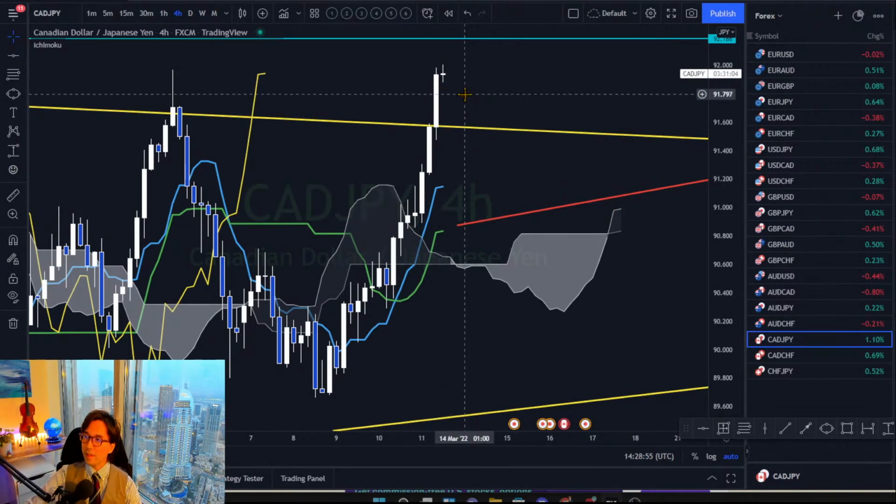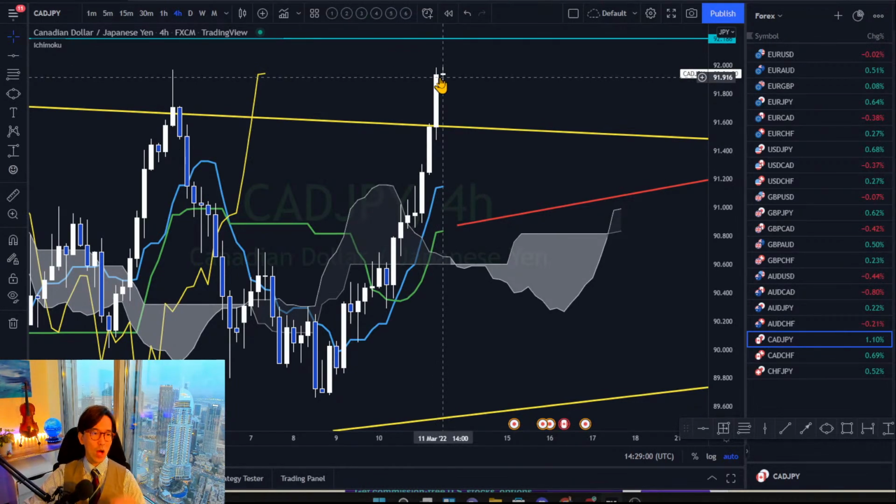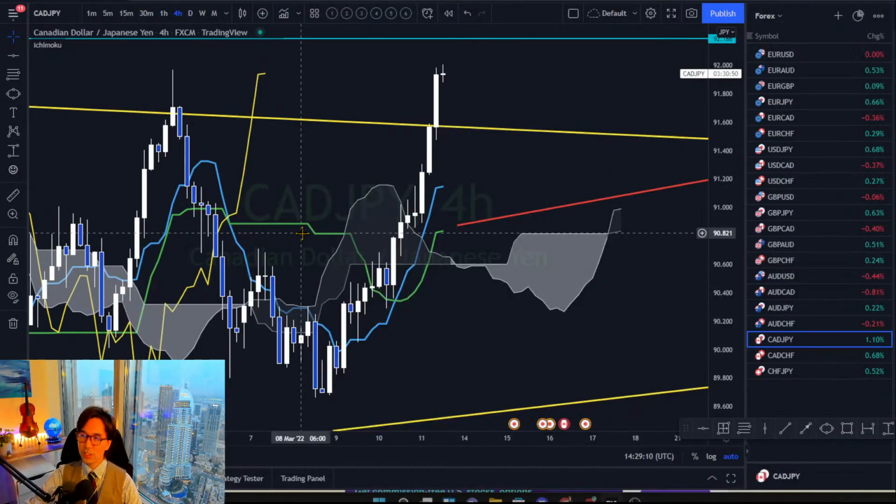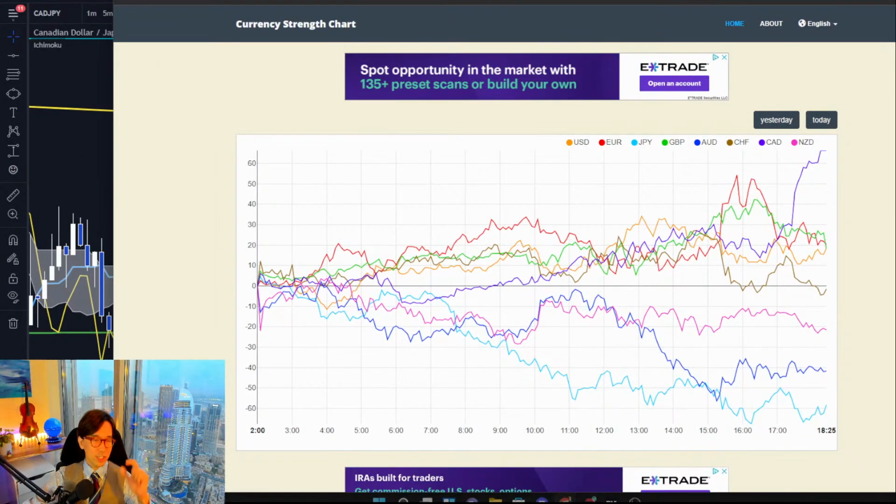So that means if I buy, the probability for the market to go up towards my direction becomes relatively higher in a short time period because of this currency strength. So like this, I refer to it. Yeah, it's a nice tool. It's free, and you can find the link in the description below. It's one of my favorite tools to use.